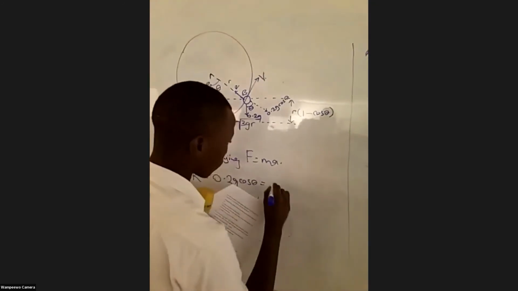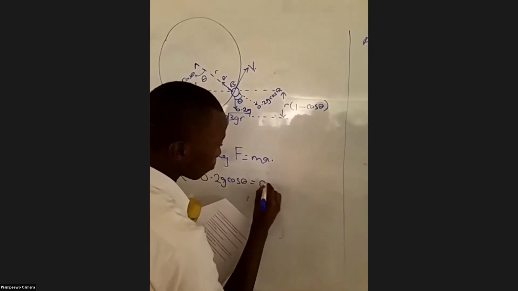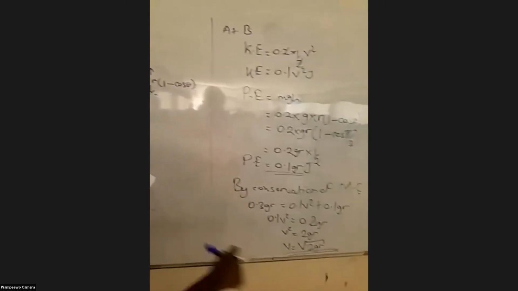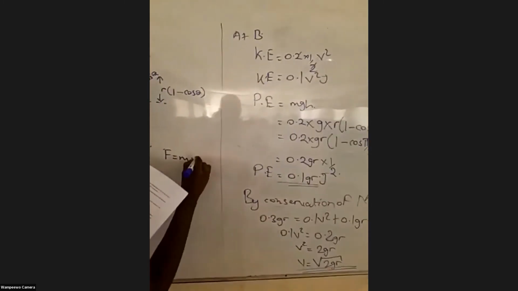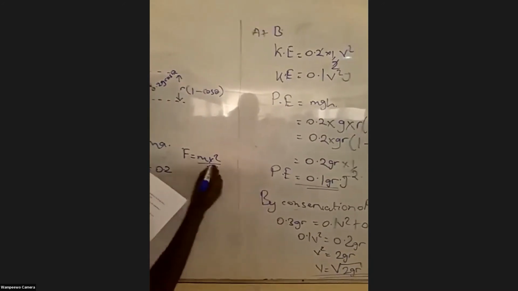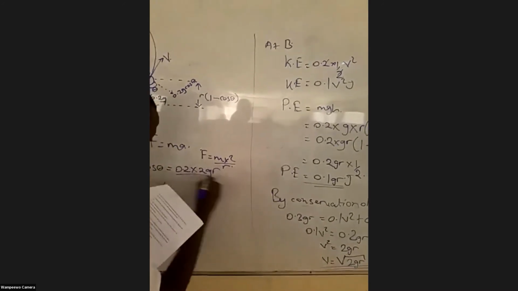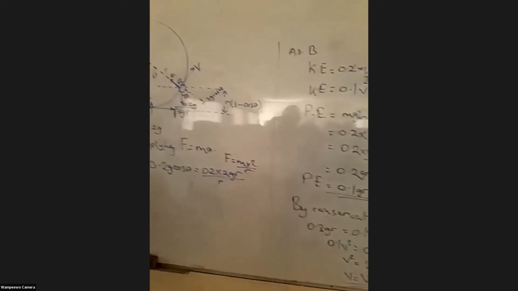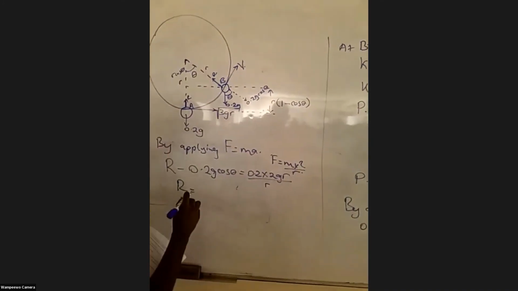The centripetal force is given by mv squared over r. So I'm going to have 0.2 times the velocity squared, which is 2gr, all over the radius r.